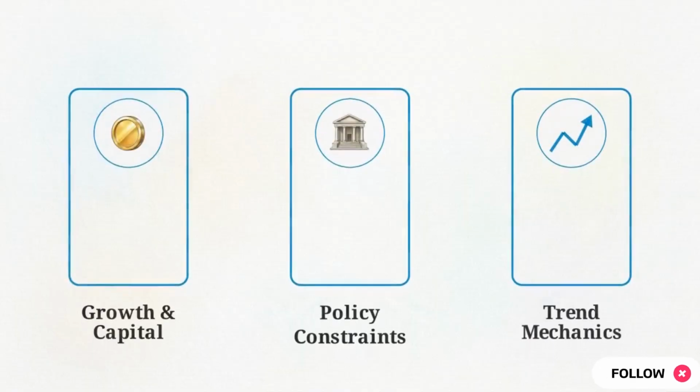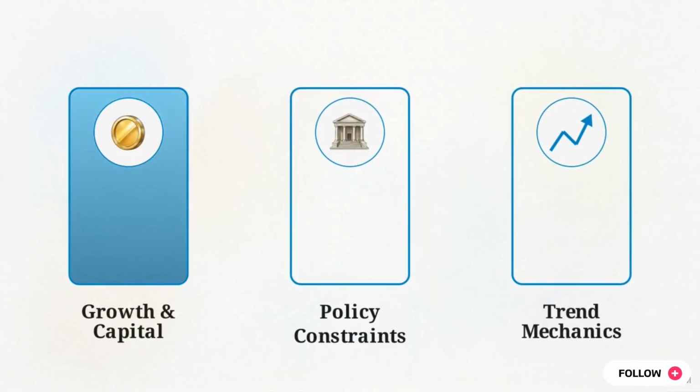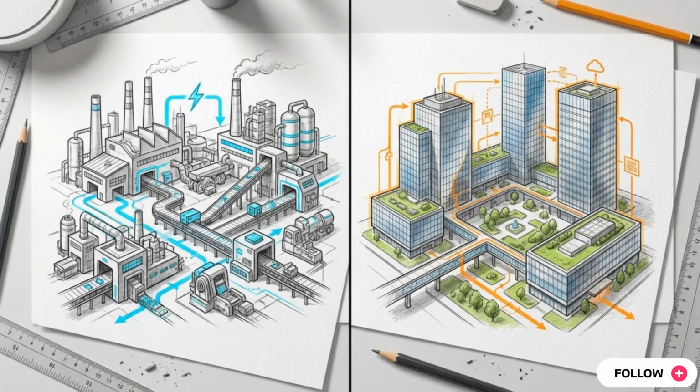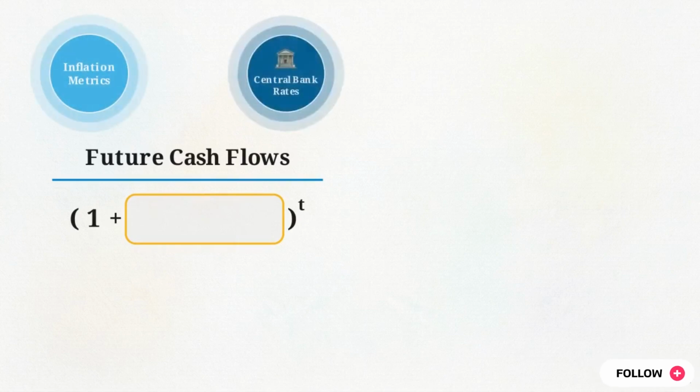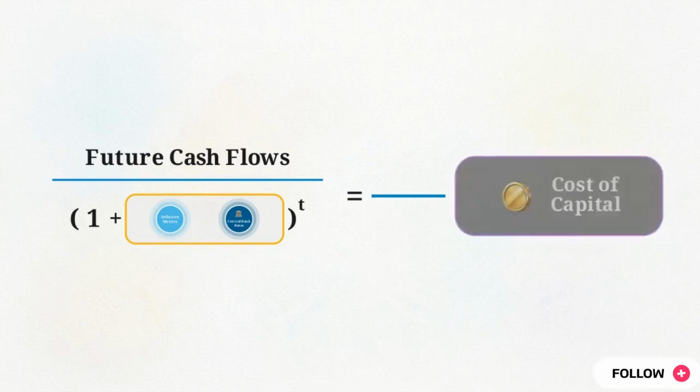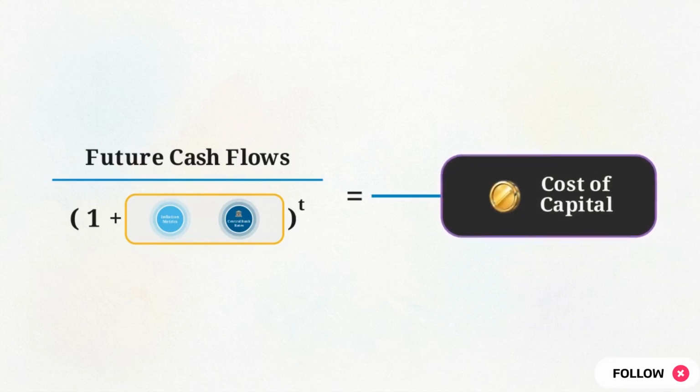We now have 3 populated pillars: growth and capital, policy constraints, and trend mechanics. The data extracted from this macroeconomic framework serves as the mandatory input for downstream industry and company analysis. We map inflation metrics and central bank interest rates directly into our discounted cash flow models to accurately project a company's future cost of capital.